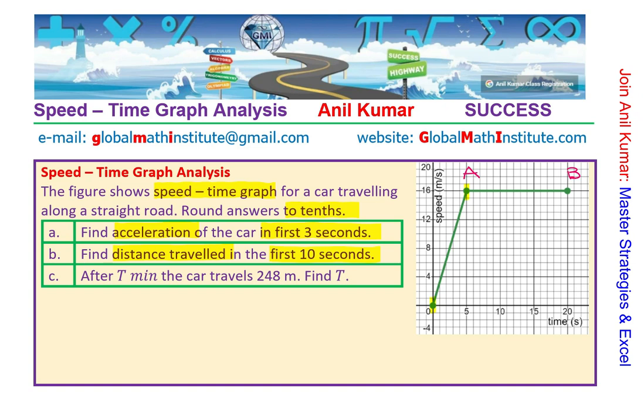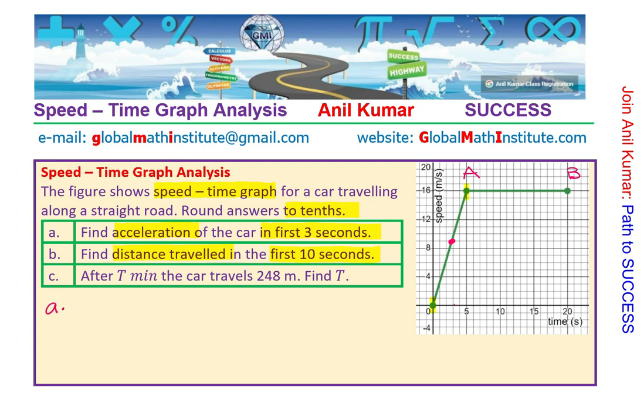Find acceleration of the car in the first 3 seconds. That means, well, this is 5 seconds, so we want acceleration at this point. As you can see from the graph, acceleration should be rate of change, right?